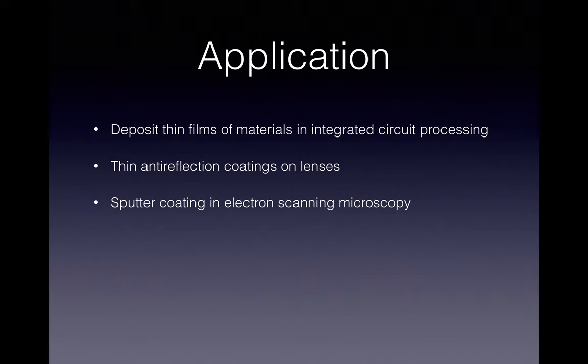It can also be used to apply thin anti-reflection coatings onto lenses. And then sputter coating can also be used in electron scanning microscopy, where it applies a thin layer of metal onto the target specimen in order to help it have a better image when it goes through electron scanning microscopy.